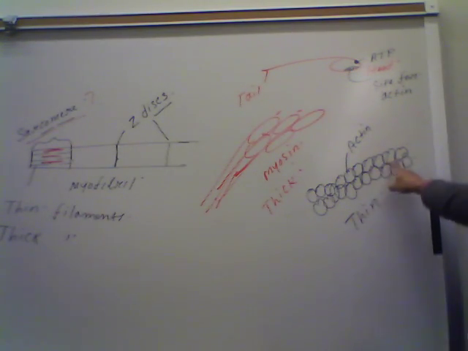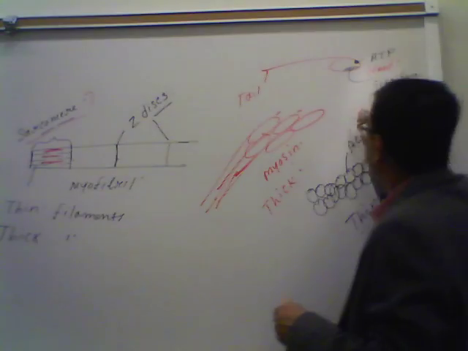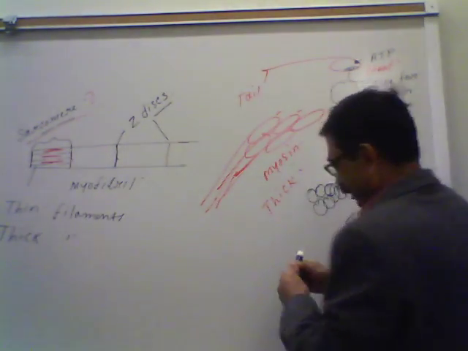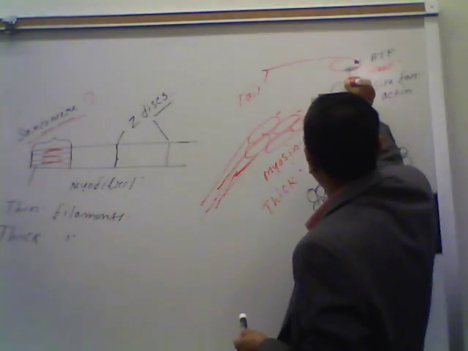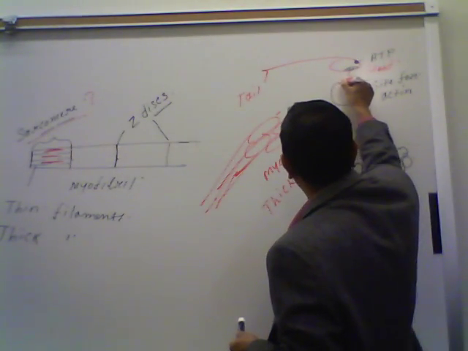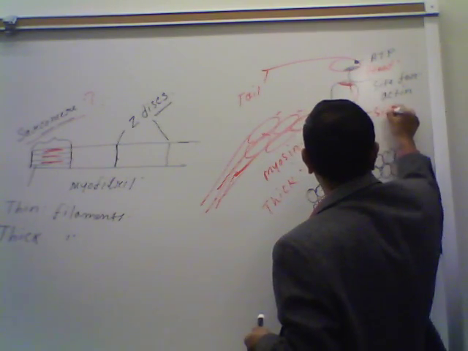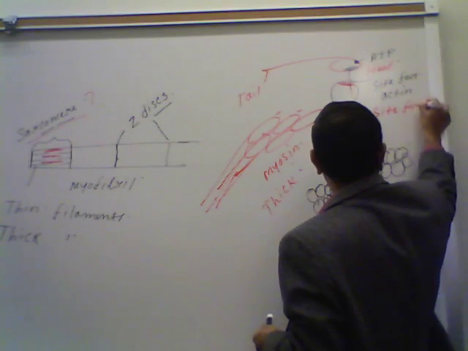On the actin ball, so this is the actin ball, you have a binding site. This is the site for myosin.